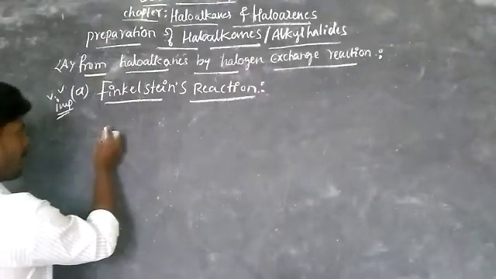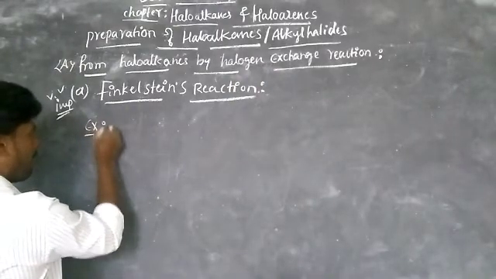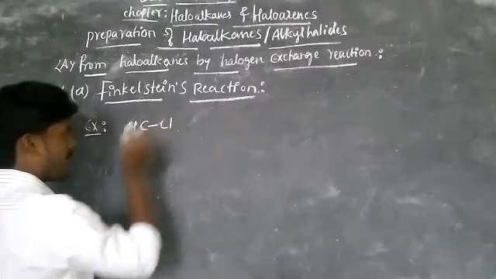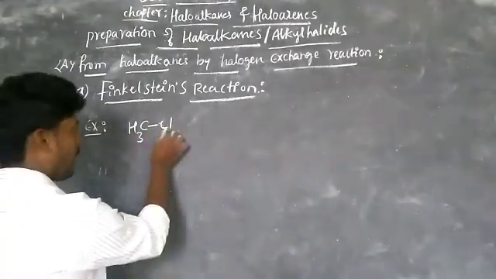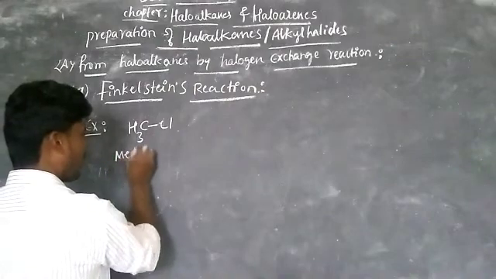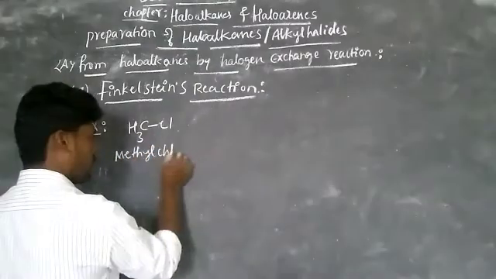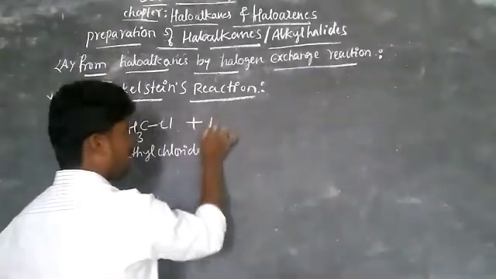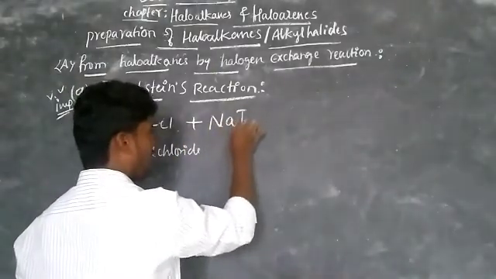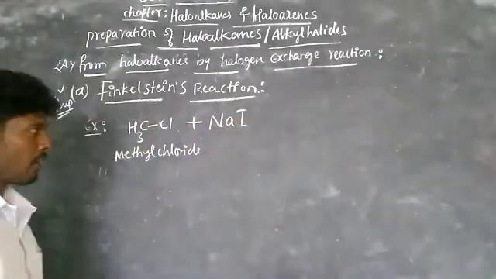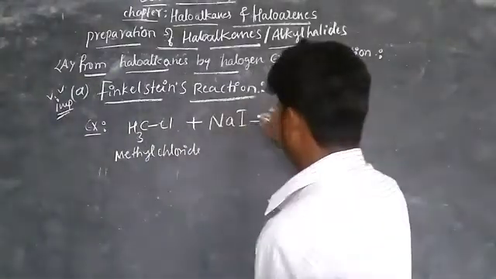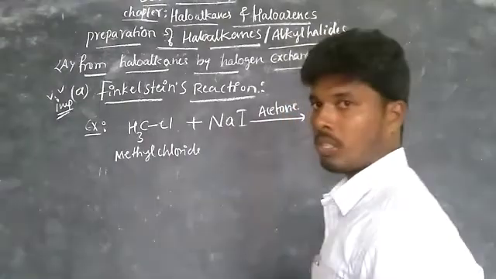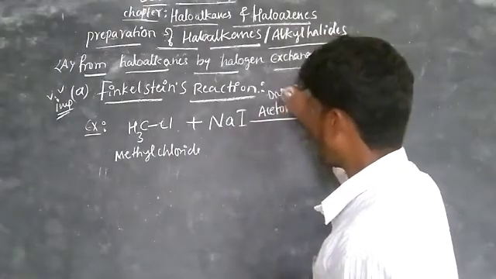For example, take alkyl chloride, that is CH3Cl, methyl chloride. This methyl chloride is treated with sodium iodide, NaI, in the presence of dry acetone, means moisture free acetone.